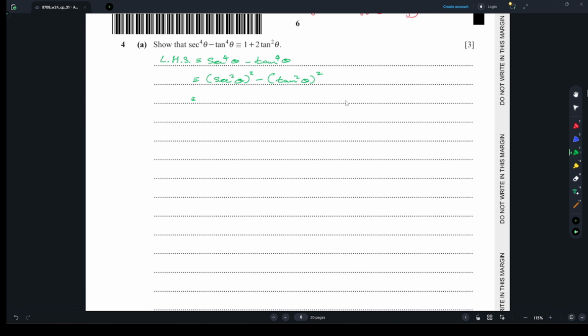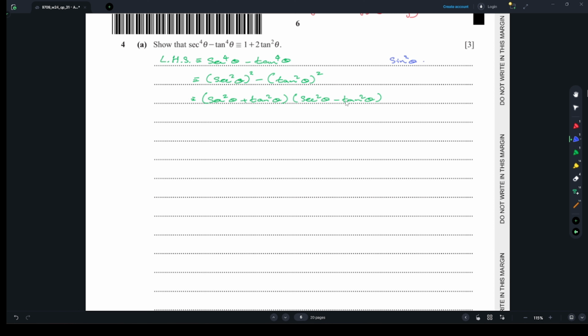So I can write sec square theta plus tan square theta, and then sec square theta minus tan square theta.